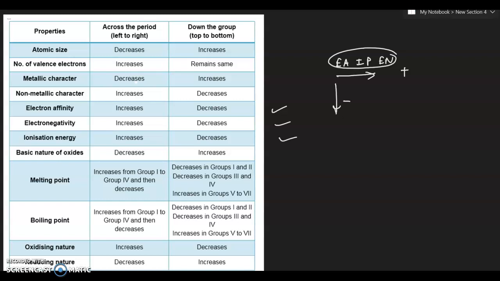Even the metallic character decreases, and the non-metallic character increases, because we have metals on the left hand side of the periodic table and non-metals on the right hand side. Basic nature of oxides decreases from left to right, and increases down the group. They will ask you the definitions, and reasoning questions are also asked from this topic.